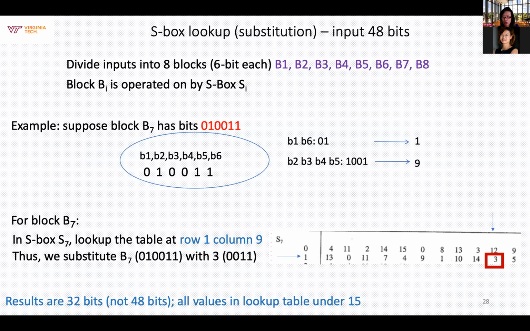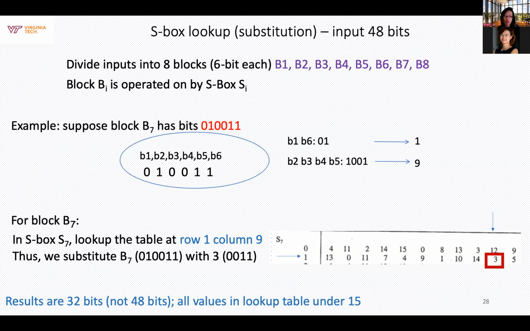You start at the 0 row, first row, and then look at the 0 column, first column, second column, and so on until you find the 9th column, and it's pointing to 3. Then you're done. You just substitute the B7 block with 3.